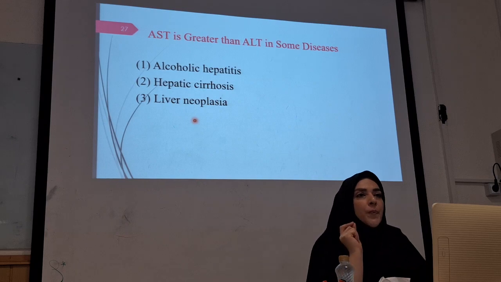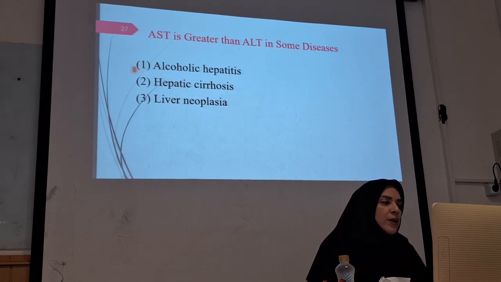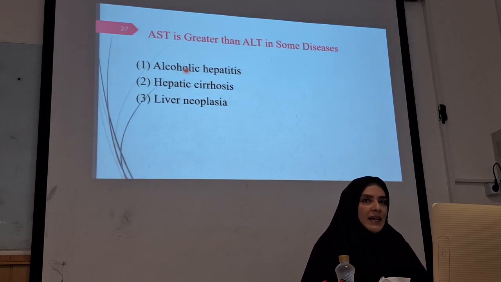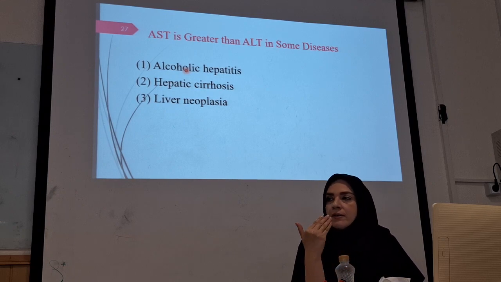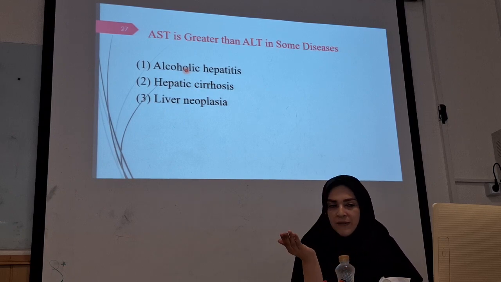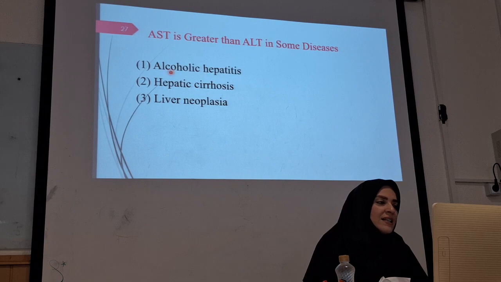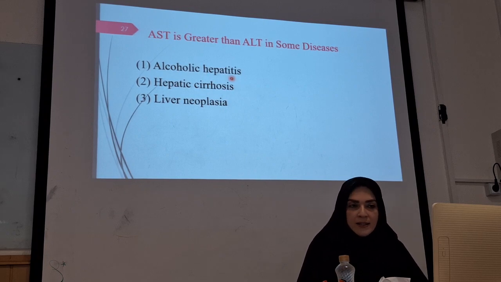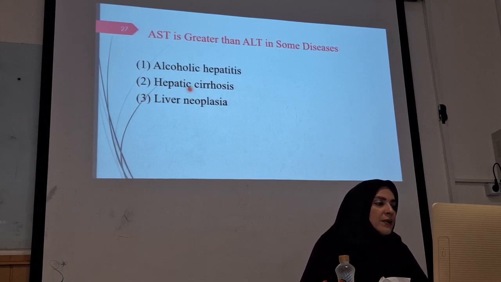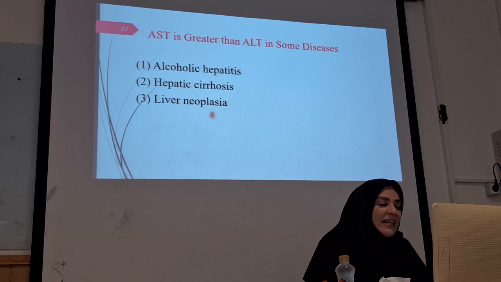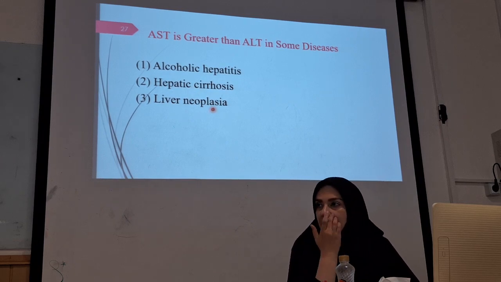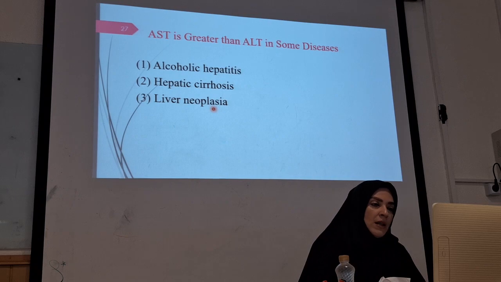So, if your patient drinks a lot of alcohol and this alcohol results in inflammation of the liver, it is known as alcoholic hepatitis, and also in cirrhosis and some malignancies of the liver, or neoplasia.